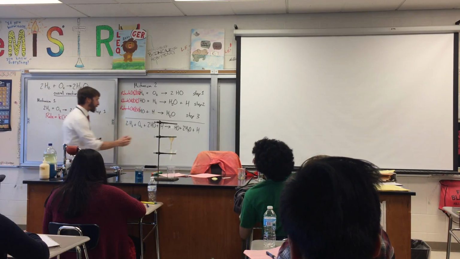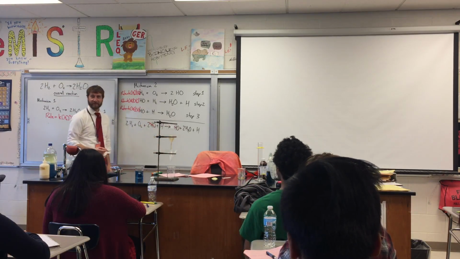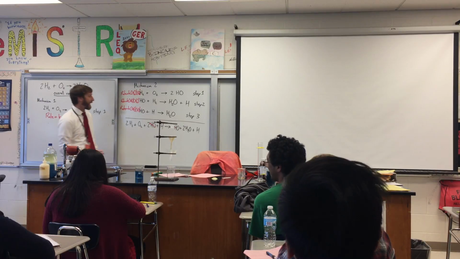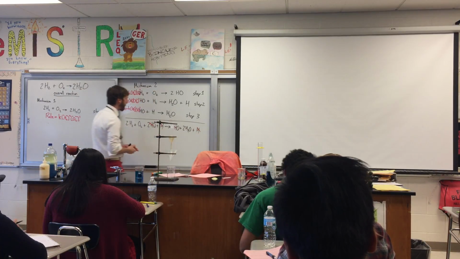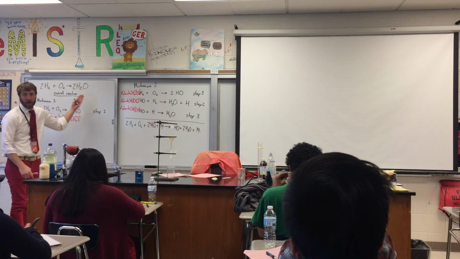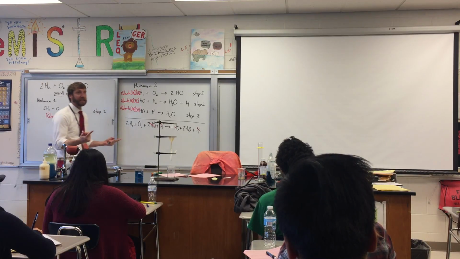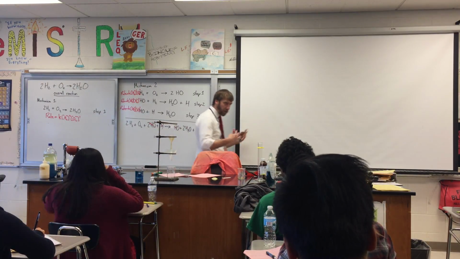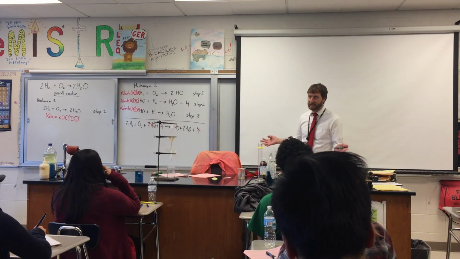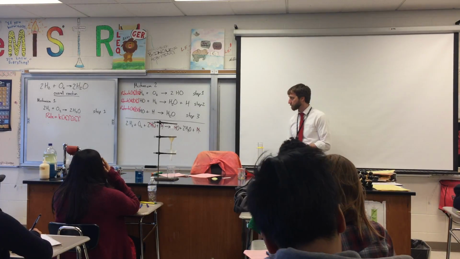The HO's and the H. Right? So what's left is the overall reaction we were looking for. That's good. That's the first test. If we don't get the reaction we were looking for, the mechanism's terrible to begin with.